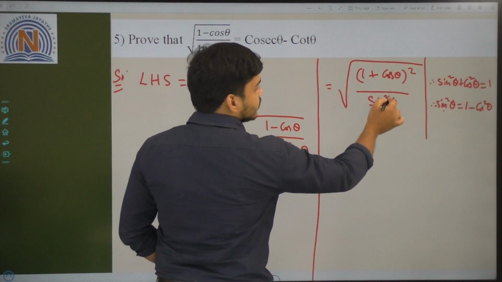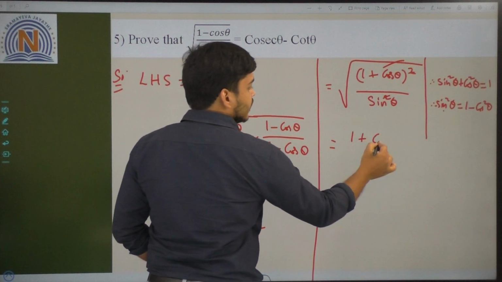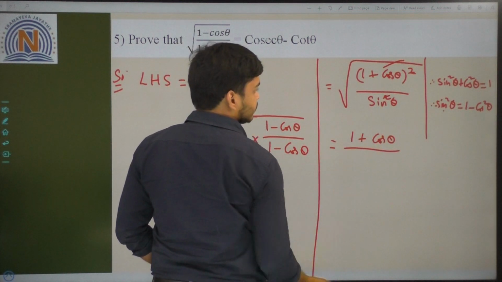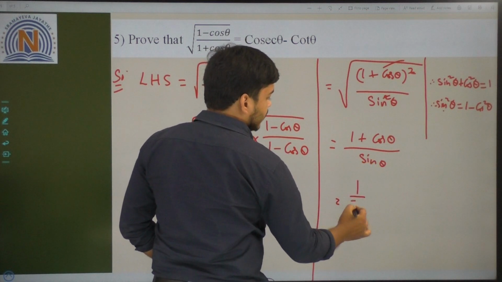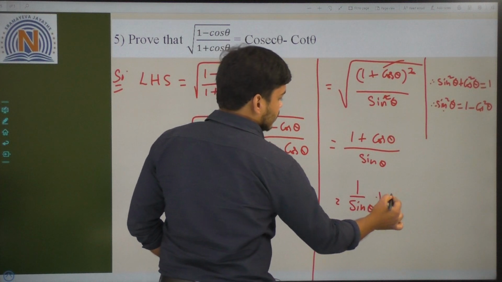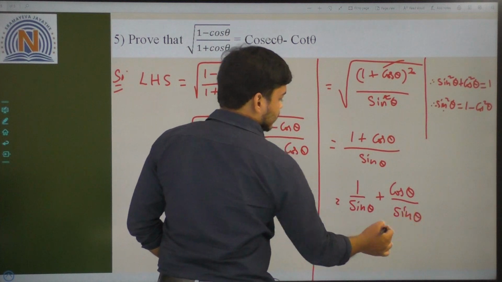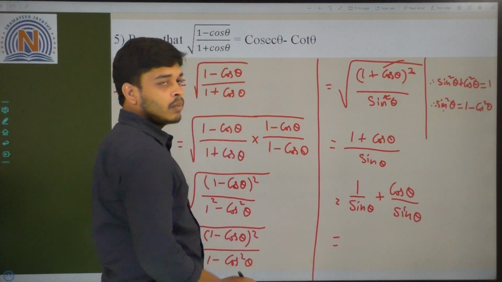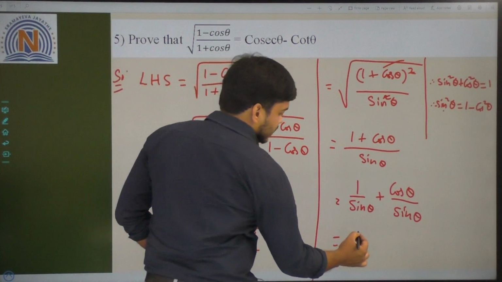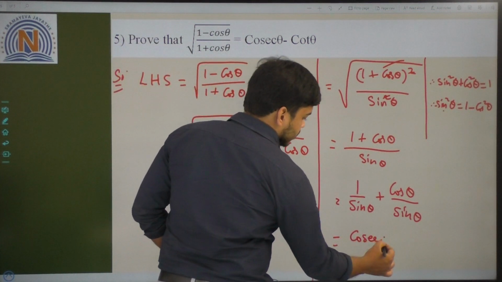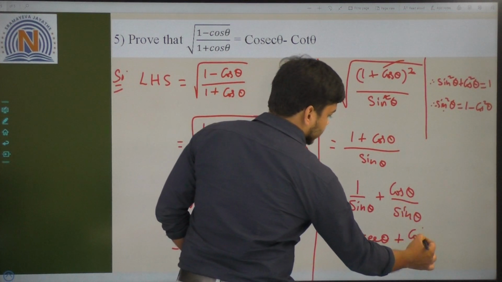So here the square root gets cancelled, remaining is 1 minus cos theta by sin theta, which is equal to 1 by sin theta minus cos theta by sin theta. So 1 by sin theta is cosecant theta, minus cos theta by sin theta is cot theta.